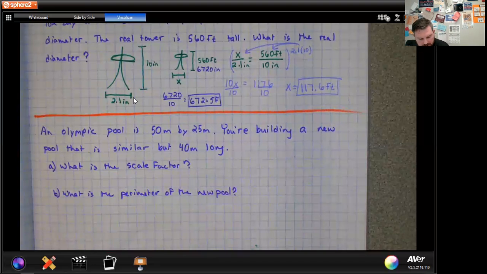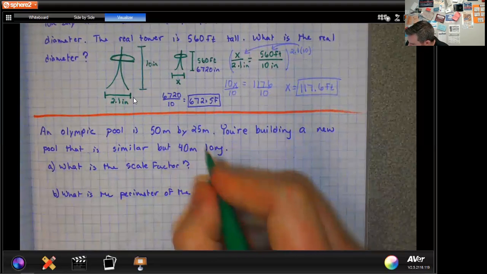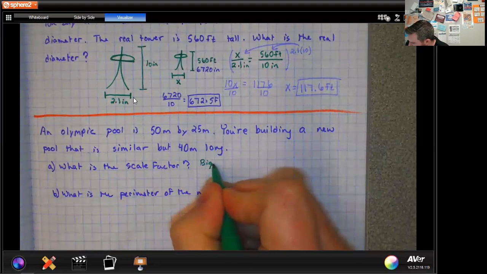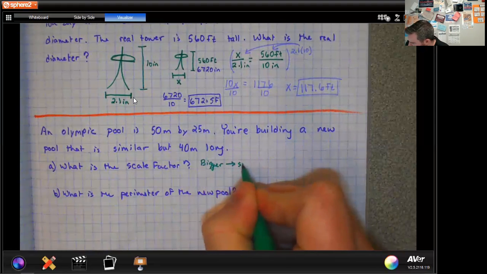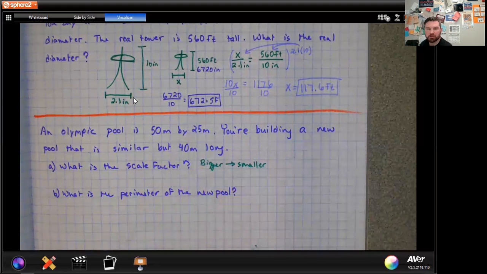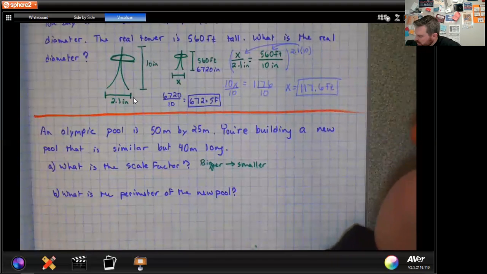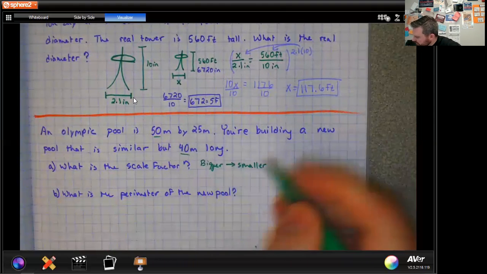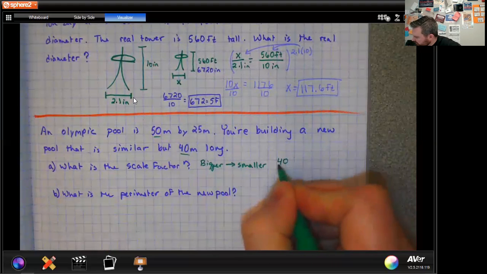Okay, for the scale factor, we're going to assume the scale factor is from the Olympic pool, which is the bigger, to our new pool, the smaller. If I go from big to small, I know my number has to be a fraction less than 1, so my smaller number goes on top. 40 and 50 are your two corresponding numbers, so we say 40 over 50.